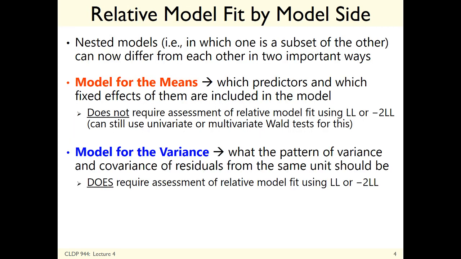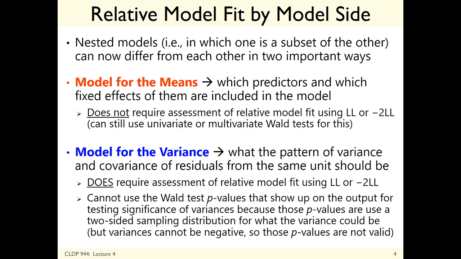In order to decide which of these many choices is going to work best for our data, we have to do model comparisons. Just to review, we're talking about predominantly nested model comparisons, where one model is a subset of the other. You didn't have to learn about this in most of your other classes because model comparisons involve differences in the model for the means, which predictors to include.